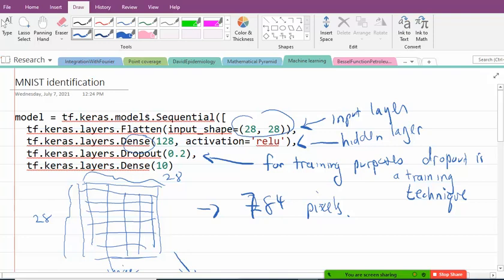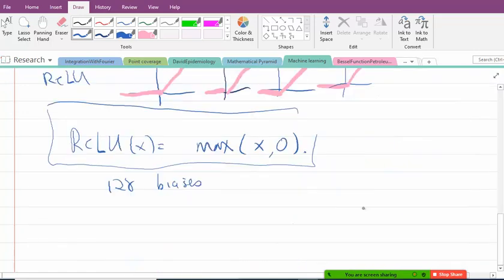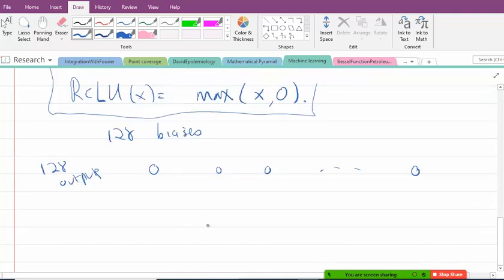All right, then we have one more layer, and this is a dense layer. So these 128 outputs, let me reproduce the 128 outputs here, get narrowed down to 10.